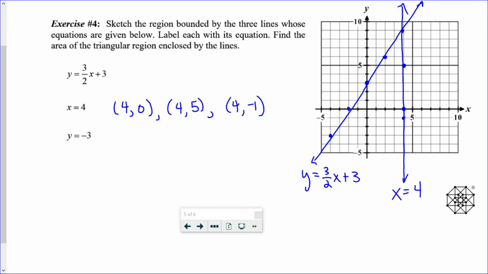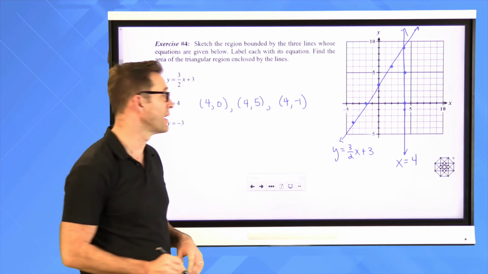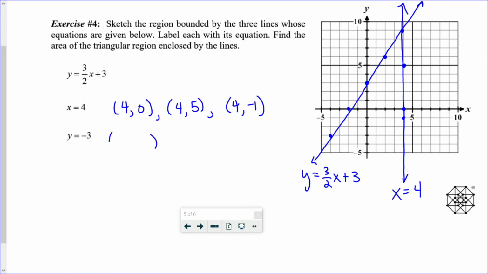All right. Likewise, we can do exactly the same thing for an equation like y equals -3. The big difference here is I have to make sure in each case the y coordinate is -3. So I'm going to write down, just like I did before, some coordinate points, but with -3 in the y position. So maybe now I'll do -4, -3. Maybe I'll do 5, -3.